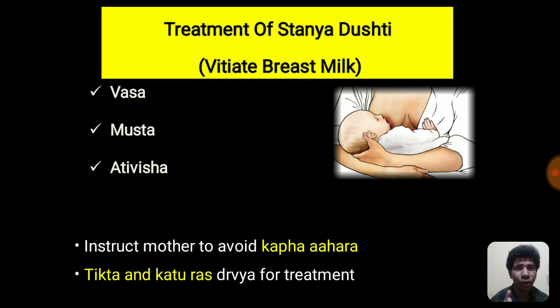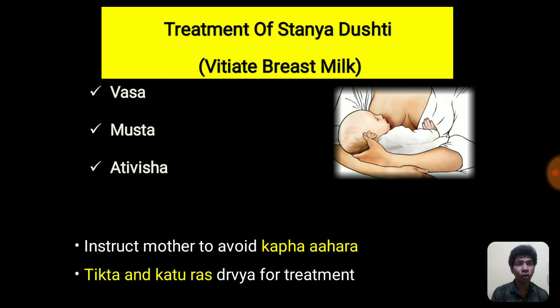Now, regarding the treatment of sthan dushti, although I have put just one slide, one of the most important slides is this one, that you should give a combination of Vasa, Musta and Ativisha. But this treatment should be taken under the proper guidance of a qualified BAMS doctor only, because whether it suits you or not will be decided by the doctor.